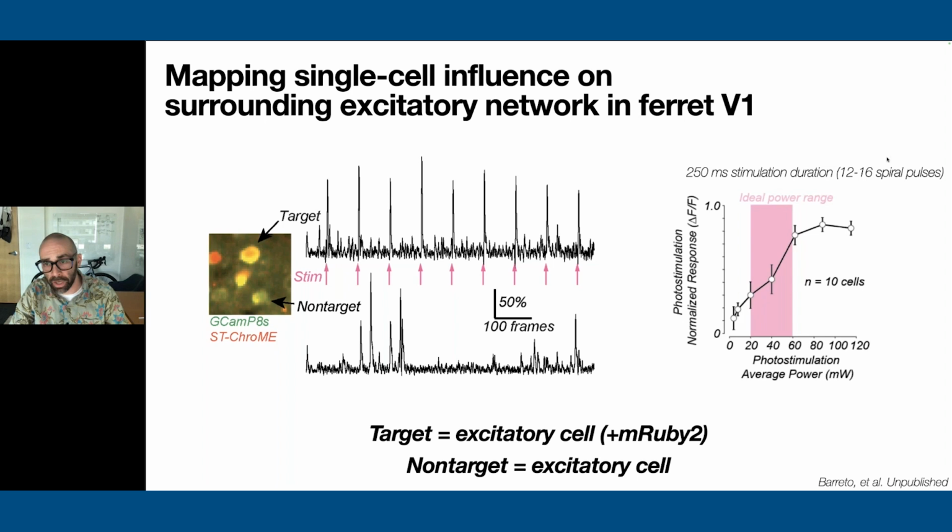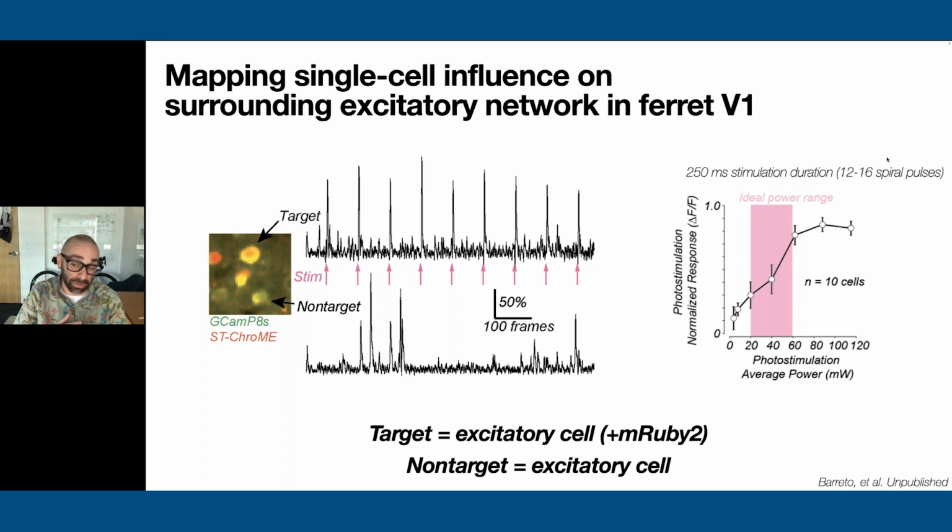Typically we identified a stimulation protocol that works best with about a 250 millisecond stimulus duration, multiple pulses on the cell, to get reliable activation, but we don't want to create phototoxicity, and we want to limit the amount of laser power that we're throwing on the sample.